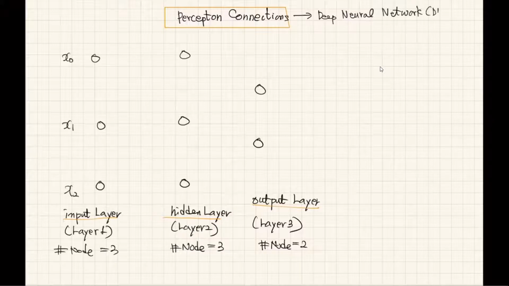I'll say DNN, especially if the number of layers is becoming more than 200. There is no precise definition of a deep neural network, but if the number of layers is increasing, we call it a deep neural network.